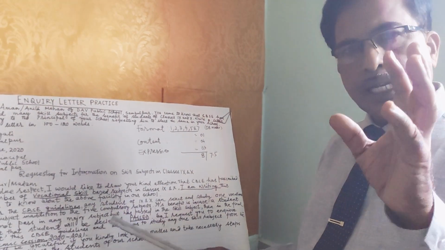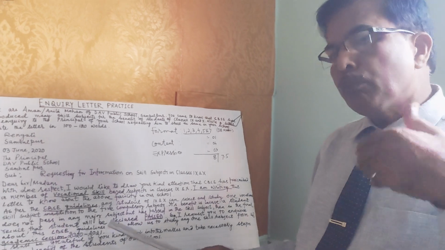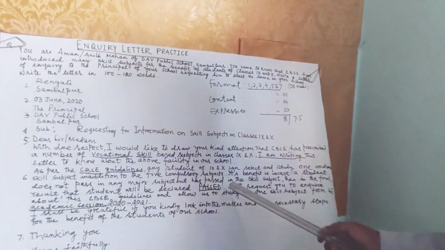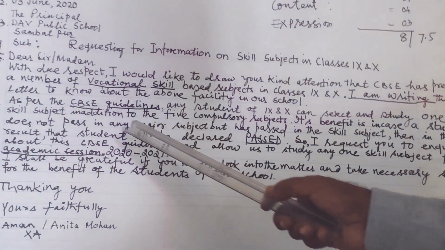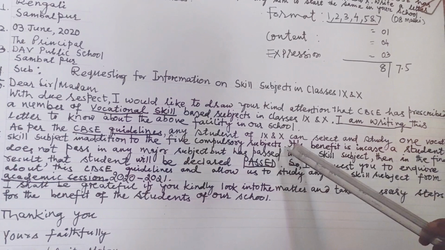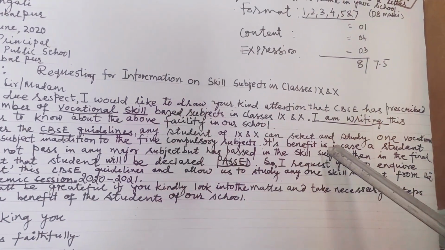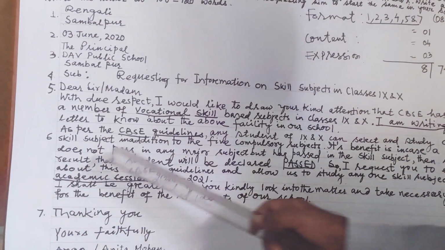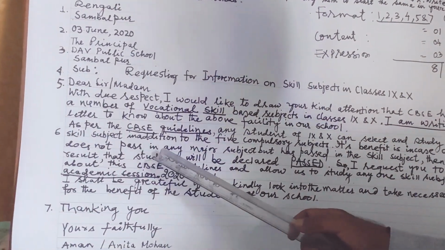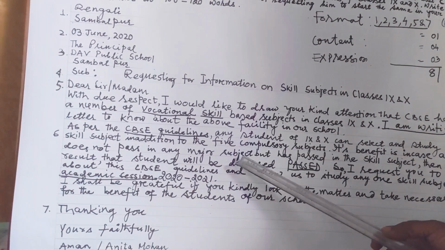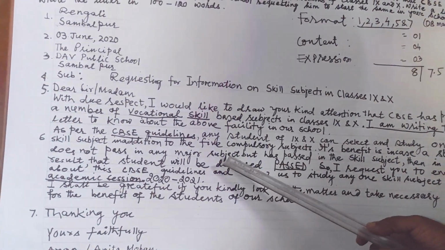So CBSE has introduced some extra vocational subjects. Now here, in addition to the 5 compulsory subjects, its benefit is in case a student does not pass in any major subjects. For example, what are the major subjects?